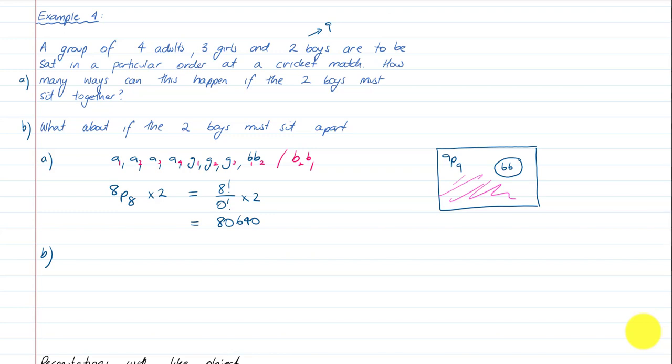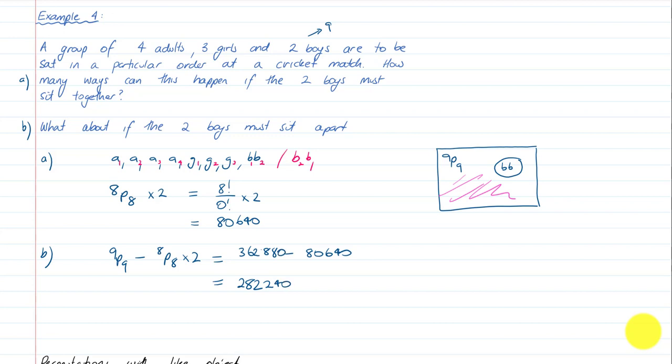So the not boys sitting apart would be boys sitting together, and we've done that in part A. So I'm going to do 9P9, the total number of options, minus the answer to part A, which was 8P8 times 2. 9P9 is 362,880, minus 8P8 times 2, which we already worked out as 80,640, and that gives us 282,240. That should have a 0 on the end.